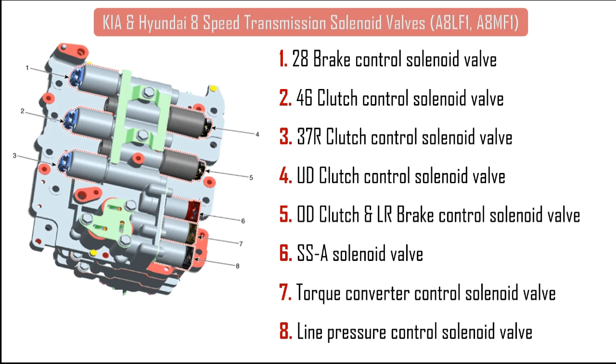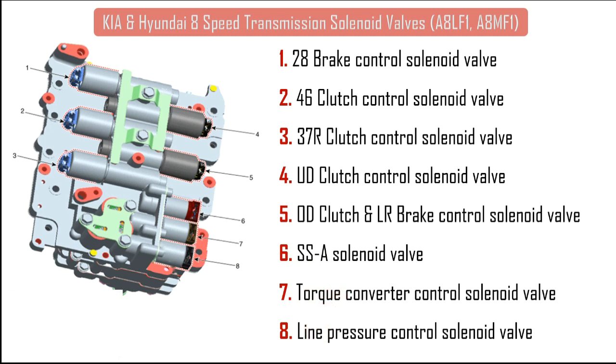We have the UD clutch control solenoid valve right here, and number 5 is the overdrive clutch and low and reverse brake control solenoid valve. We have another 3 solenoid valves in here. As you see, they are all listed here: SSA solenoid valve, torque converter, and line pressure control valve.